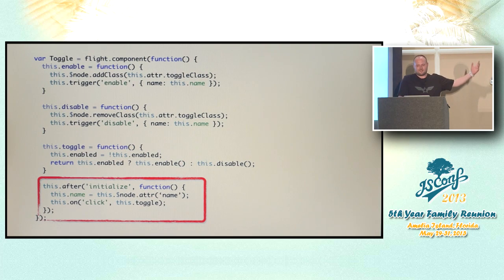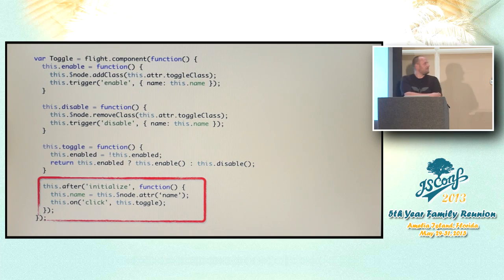You can see this like a class: you make many instances of one component, and each DOM node gets its own instance. So when a new instance of the component is made and attached to a DOM element, then initialize is called, and this is where you normally set up event handlers.